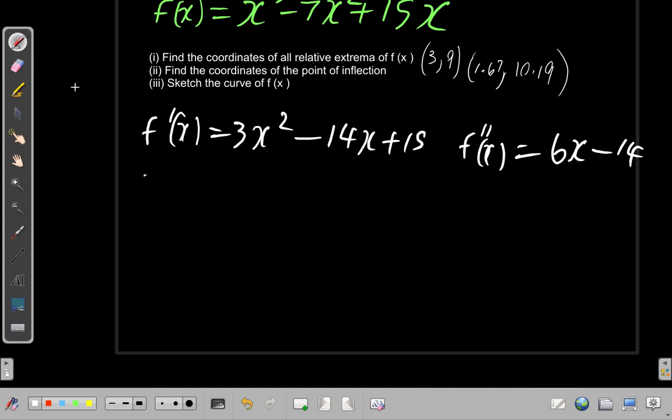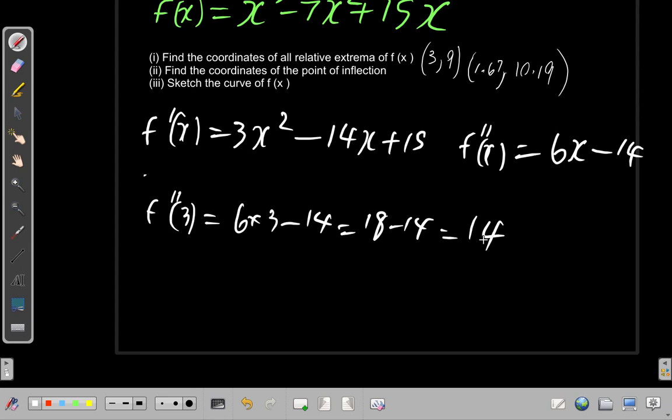So now, if we put 3 into it, f double prime of 3, we get 6 times 3 minus 14. That's going to be 18 minus 14, which is positive 4. You just write 4. Once you see 4, you know it's positive.